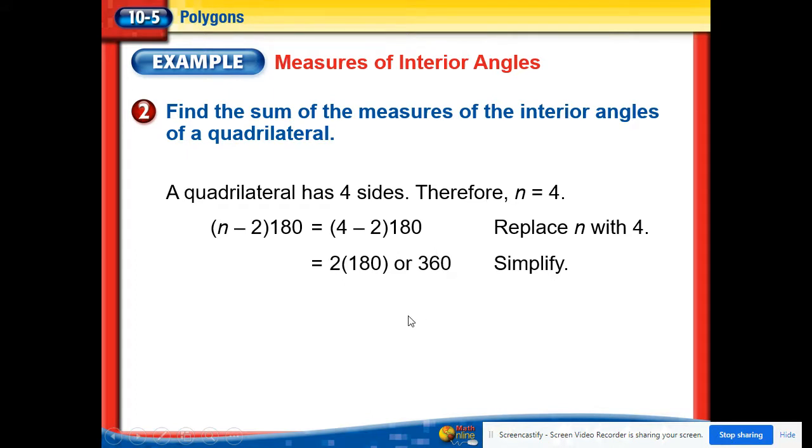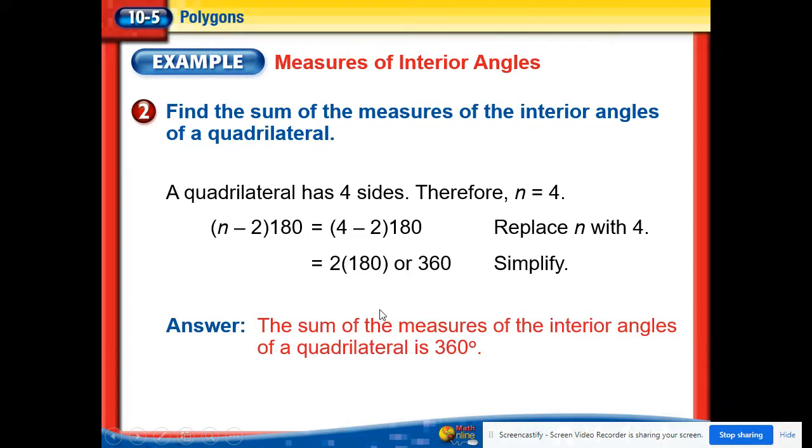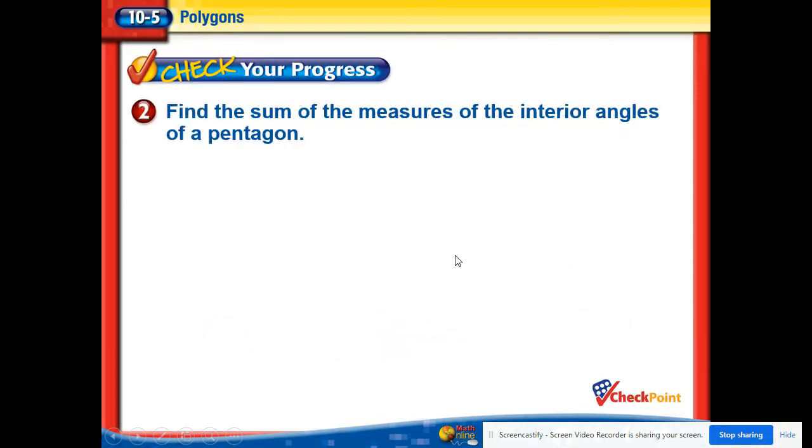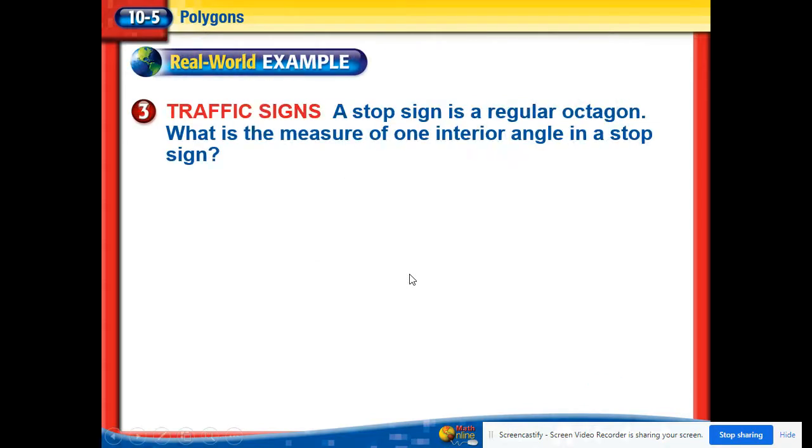We, of course, already knew that. That's something we covered earlier. So the sum is 360. Let's try another one, a pentagon. Now remember, a pentagon has 5 sides. So n equals 5. So we do 5 minus 2, which is 3. And then 3 times 180 is 540. So our answer is 540.